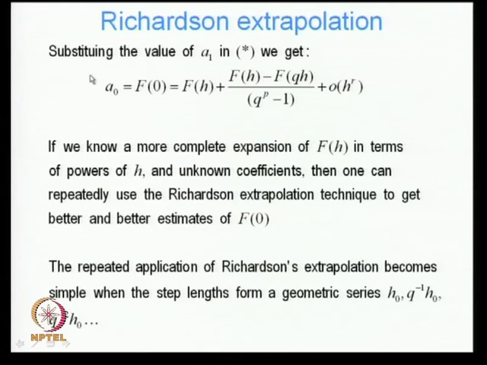So, it turns out that a0 comes out as f of h plus f of h minus f of qh by q to the power p minus 1, with this error term. So, if I can find out the function value for step size h, and the function value for step size qh, and I know how the function behaves as the step size becomes smaller and smaller, so I know p, then I can find out the function value for step size 0.